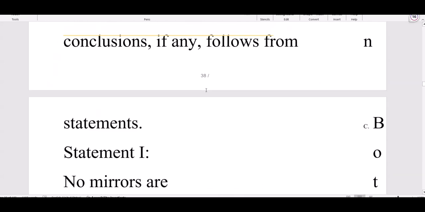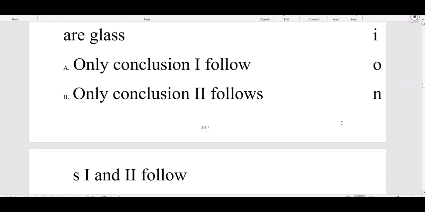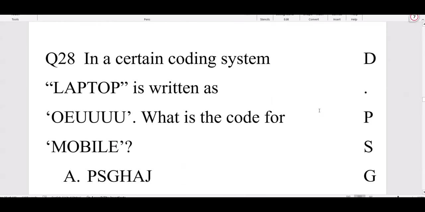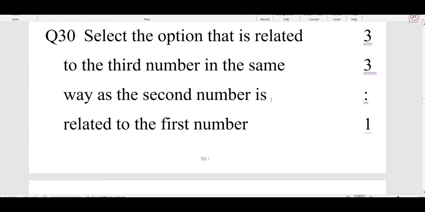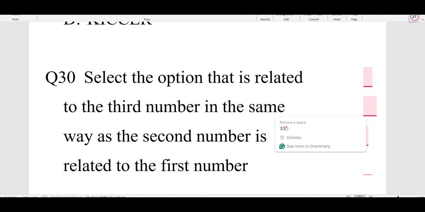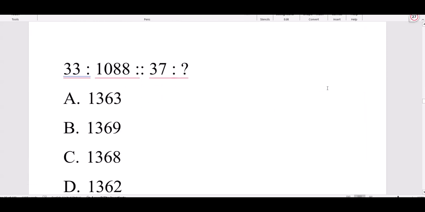Other question, 30th question. Fine. This is why I just now gave you the idea. You should know squares from 1 to 30 range or cubes from 1 to 20. 33 square is 1089.